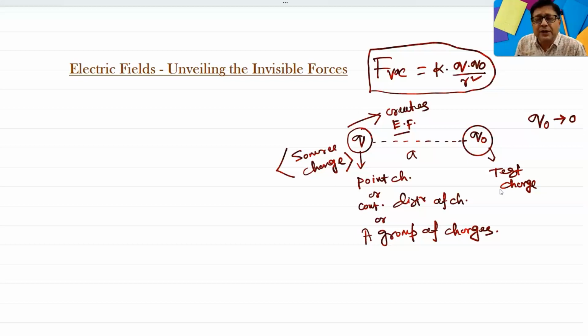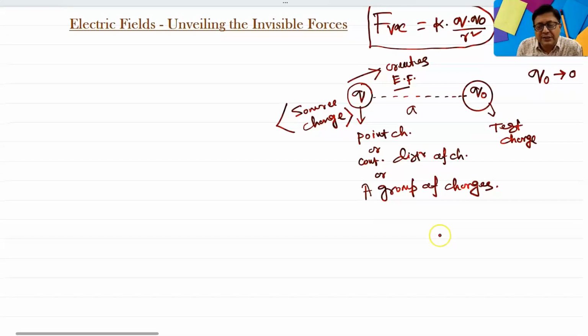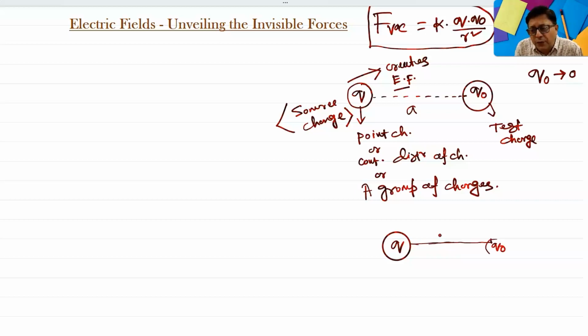Now we are going to learn what is field strength. How much force is this test charge going to experience when it enters the field created by this charge. It is quite obvious when a charge Q is there, this we have learned in Coulomb's law only, this charge will exert more force if this one is close.